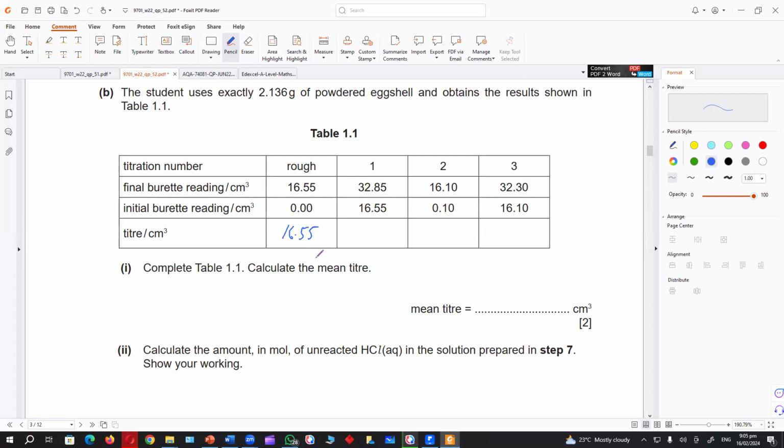The second one, 16. The third one, 16.2.